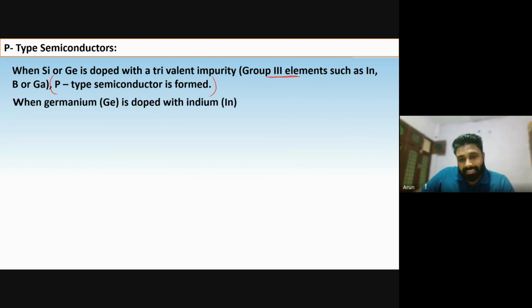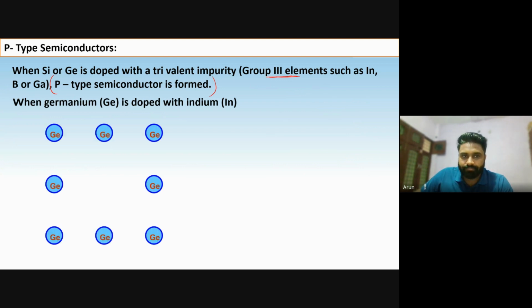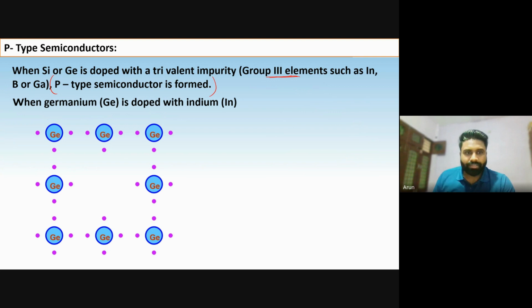Now, when germanium is doped with indium, this is the germanium having 4 valence electrons in the outer shell. These are the electrons; they are not shown because there are atoms above them.